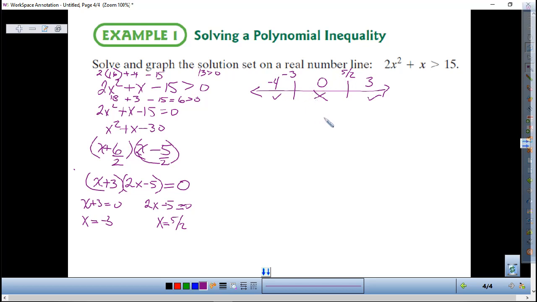So our solution set, and I'm going to write it in interval notation first. Starting over here, you got -infinity all the way up to -3. So -infinity to -3. I'm not including -3 because it's only greater than. And at -3, what's it equal to? -3 would be equal to 15.